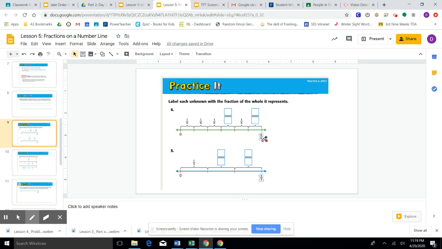So you're going to count. So this is 1/6, 2/6, 3/6. So this will be 4/6, 5/6, 6/6.